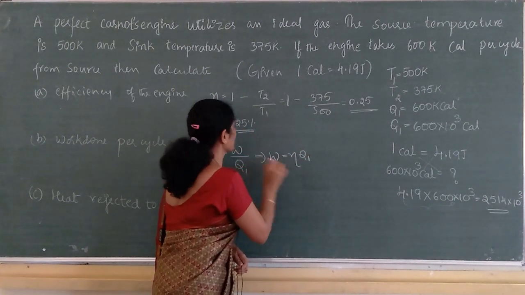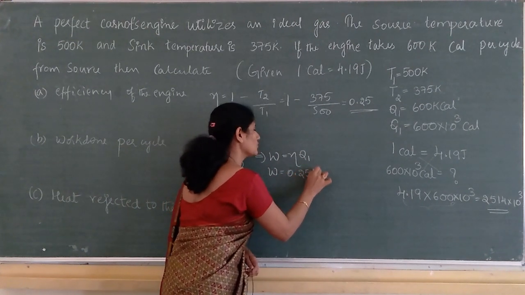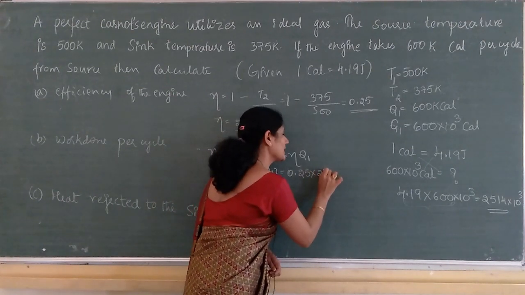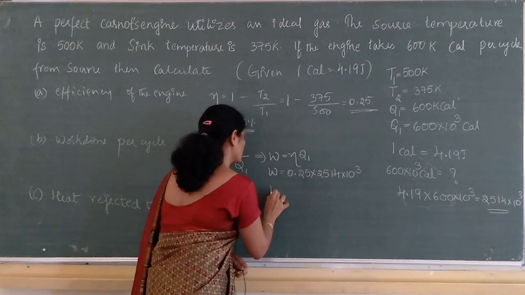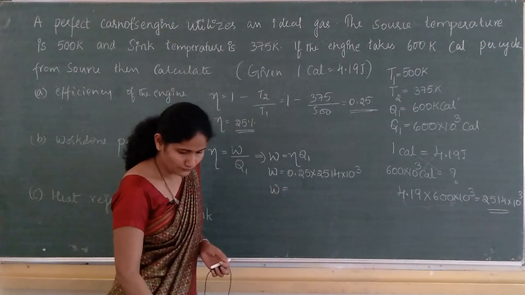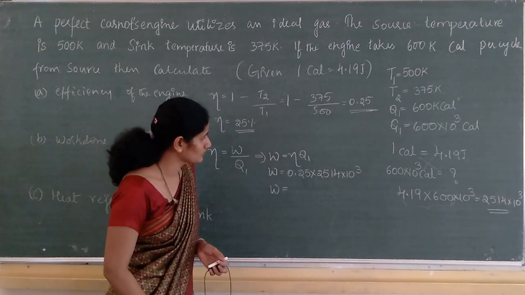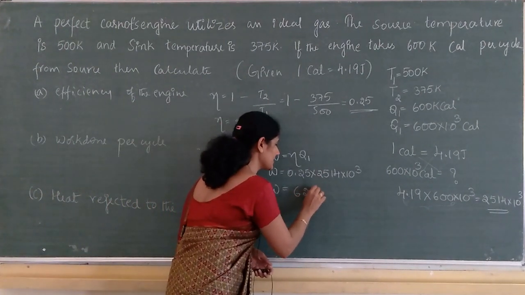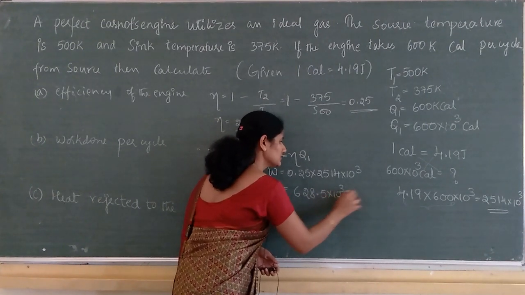So, W is equal to 0.25 into 2514 into 10 to the power 3, which is 628.5 into 10 to the power 3 joules.